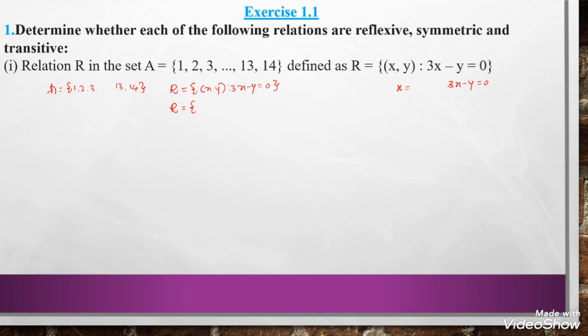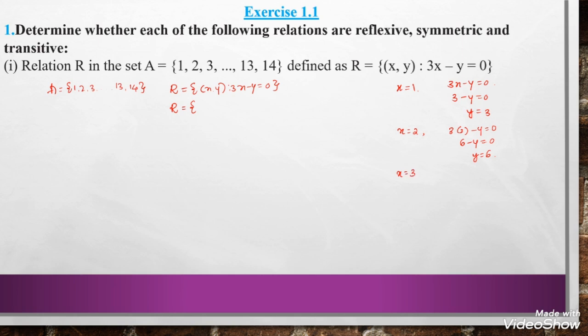First, I will take x equal to 1. Then we find the value of y: 3 into 1 is 3, minus y is equal to 0, so y becomes 3. Similarly, for x equal to 2, 3 into 2 is 6, minus y equal to 0, then y becomes 6.